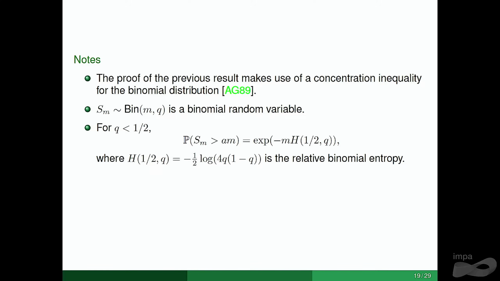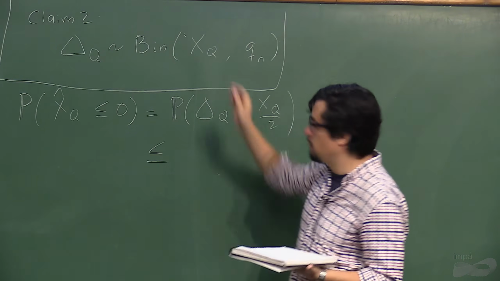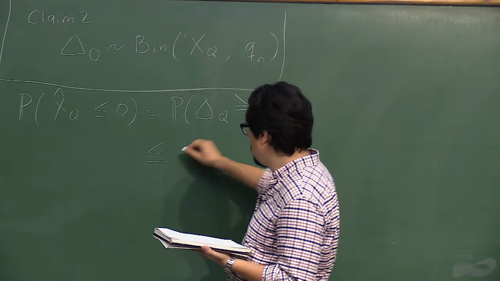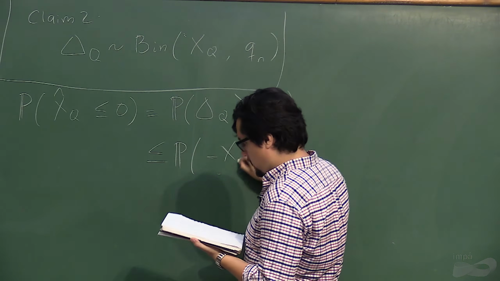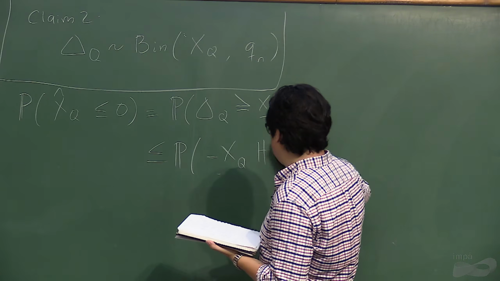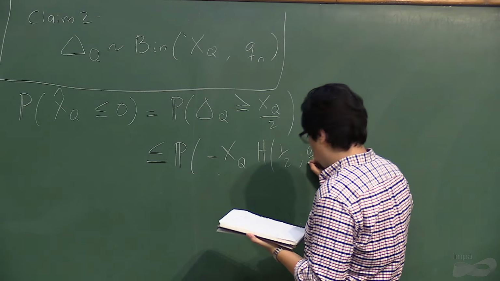But using this concentration inequality, we can upper bound this binomial random variable with negative xq, h of 1/2 times q n.